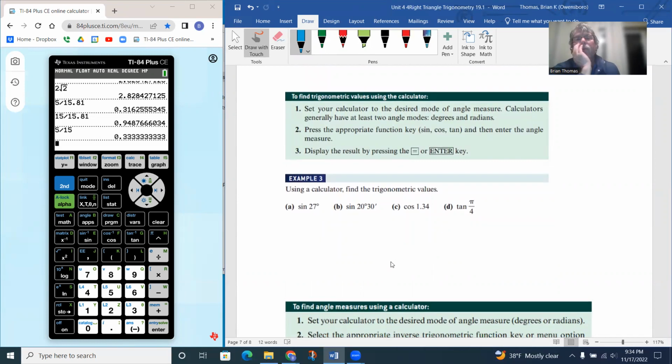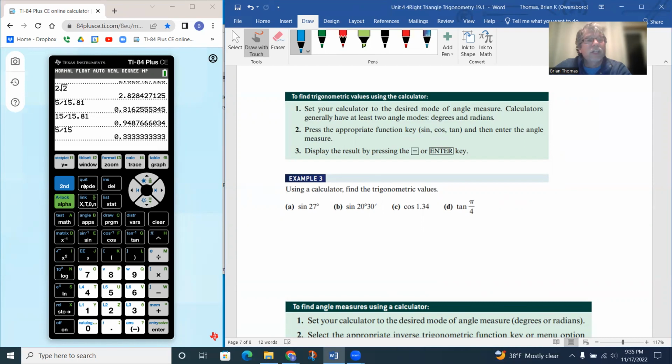So back in my day, we had to use tables, but here we have a calculator. To do trig on your calculator, make sure you're in the right mode. If I want to find the sine of 27 degrees, I want to be in degree mode.